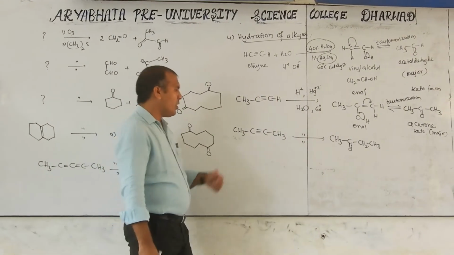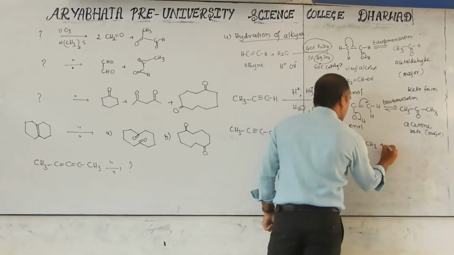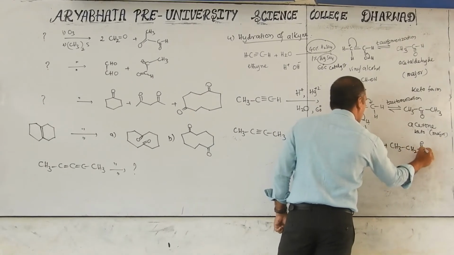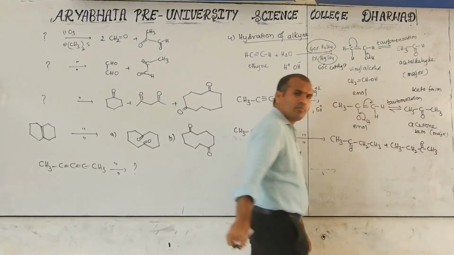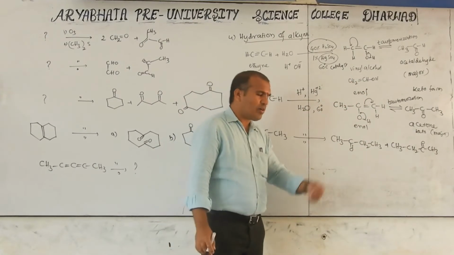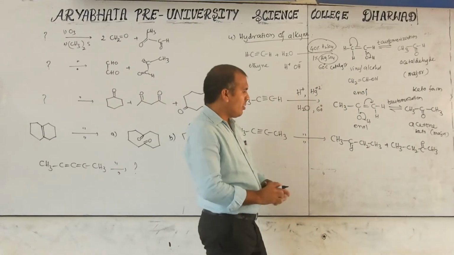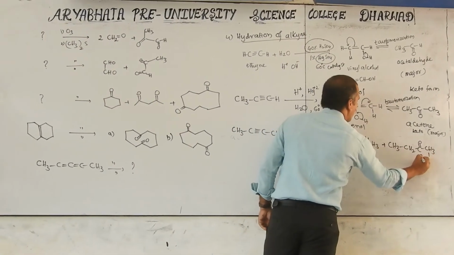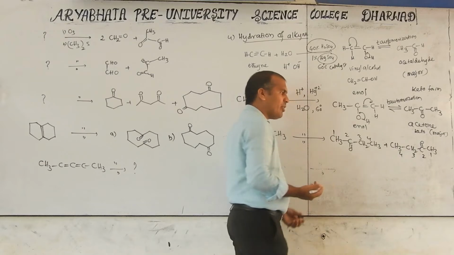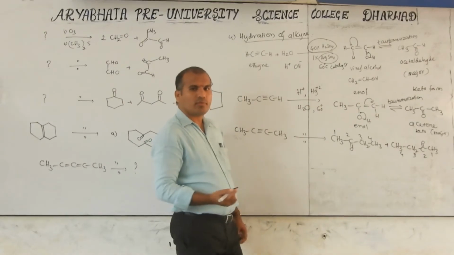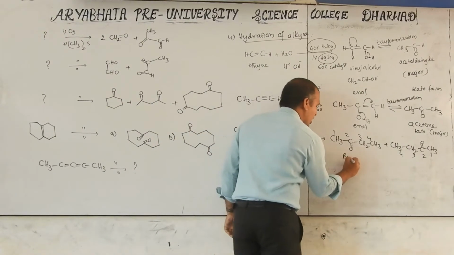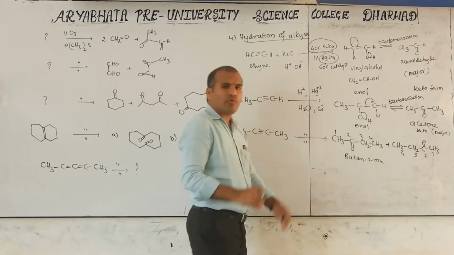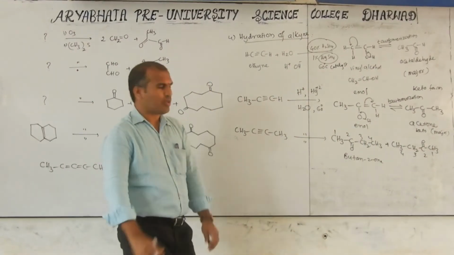If the right side is attacked, we get CH3 CH2 C double bond O CH3. Are both the same or different? The same, because numbering will be 1, 2, 3, 4 either way, and both are butan-2-one. Their names are the same, so only one product is possible. There are not two products.